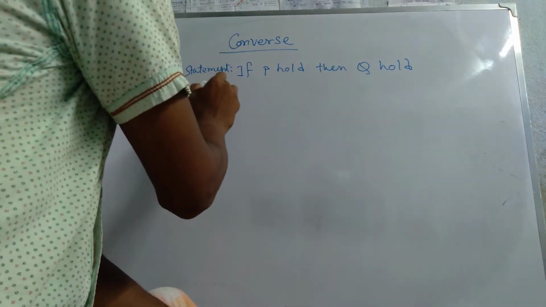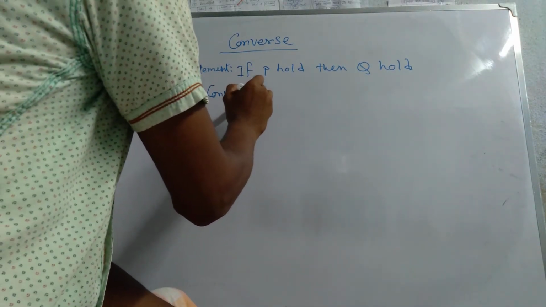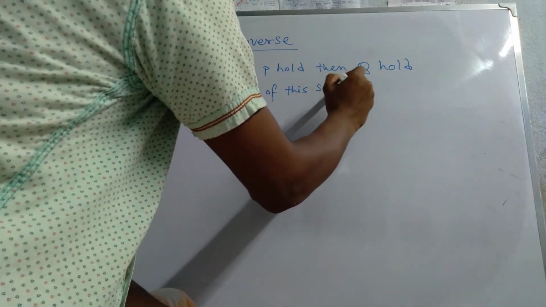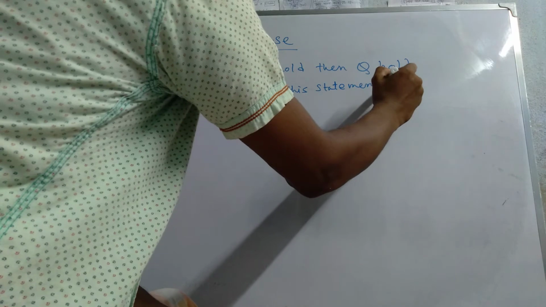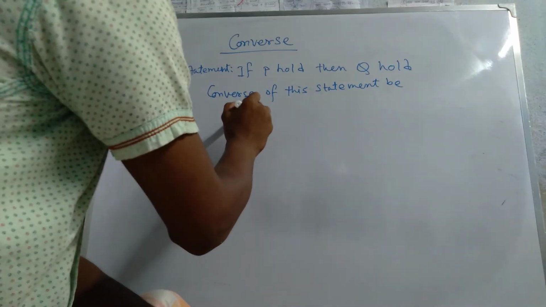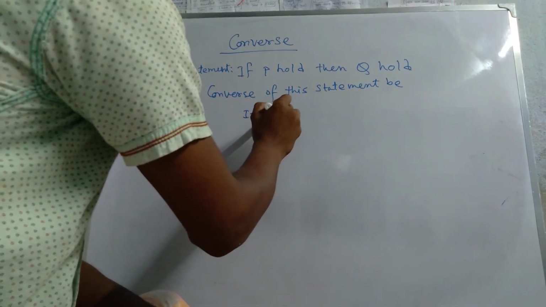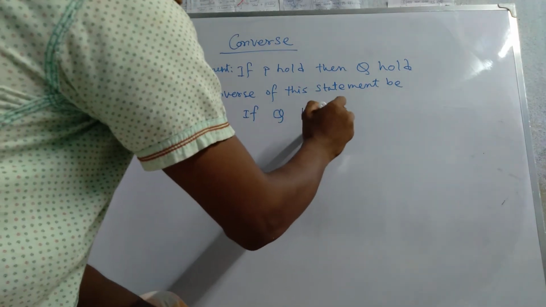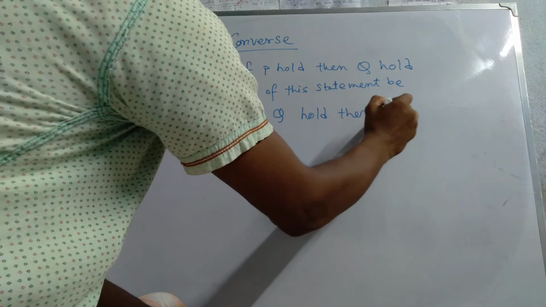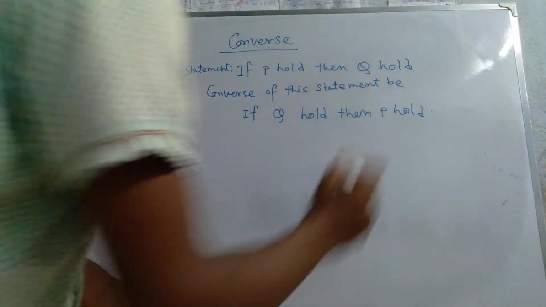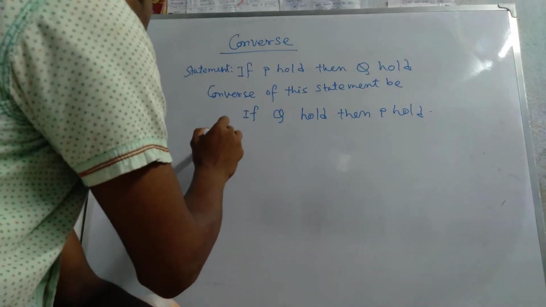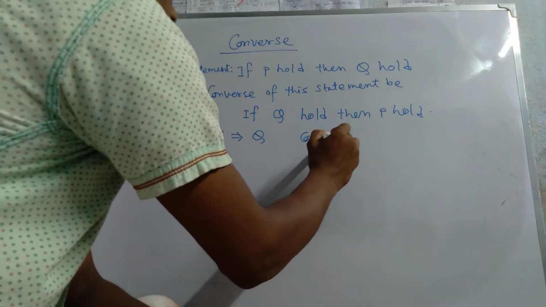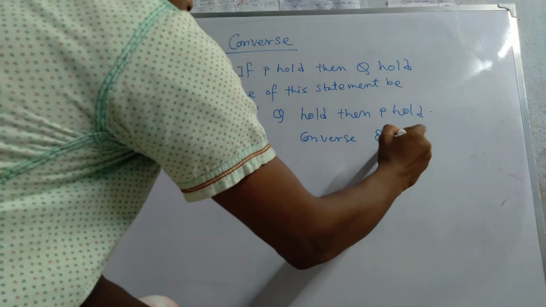Then the converse of this statement would be: if Q holds, then P holds. That means in short, P implies Q, and the converse is Q implies P.